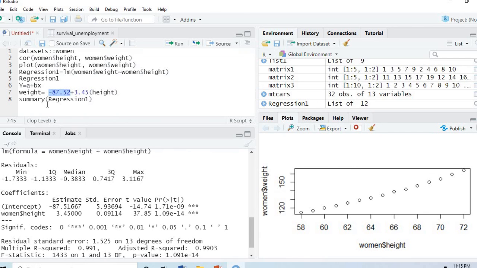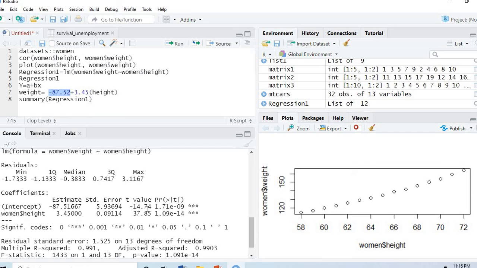The summary function gives you three results. First, the value of the residuals. The residuals should be minimal, which indicates a better regression model. Second, it gives you the coefficients, meaning the value of the intercept or constant, the value of the coefficient of the independent vector, along with the t-value of the independent vector and the associated p-value.